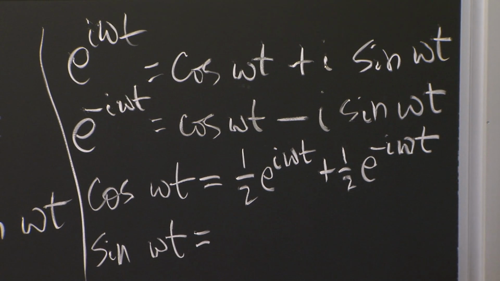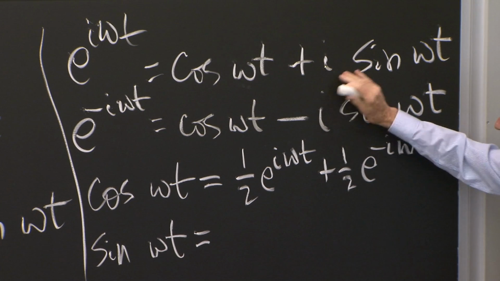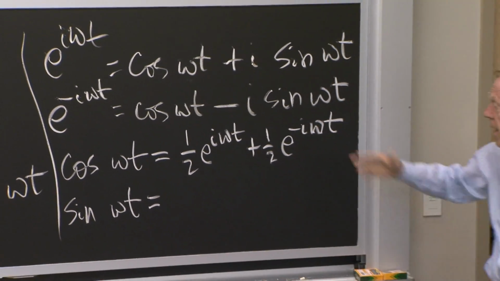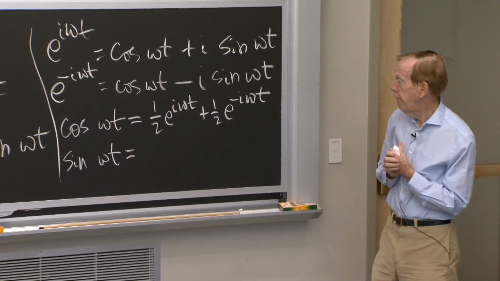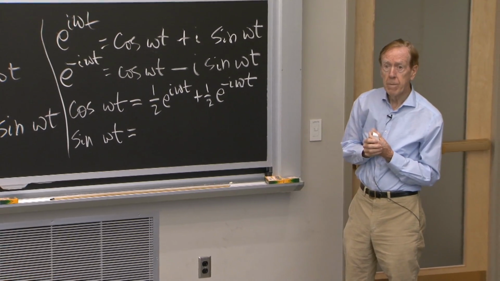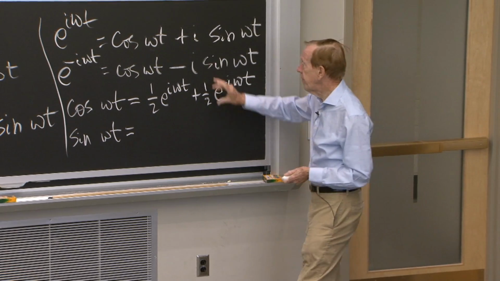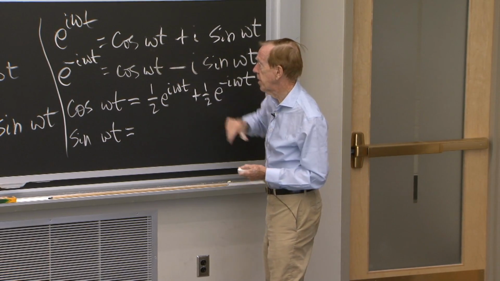Sine omega t is always slightly more annoying because it's the imaginary part that brings in an i. So what would be the same formula? How could I produce sine omega t out of that? Yes? The difference divided by 2i. If I take the difference, that'll cancel the cosines.